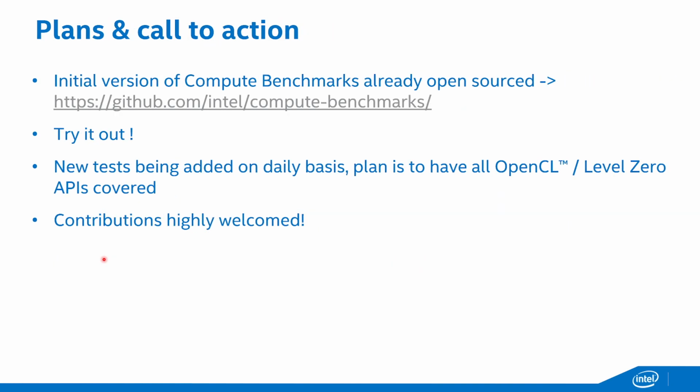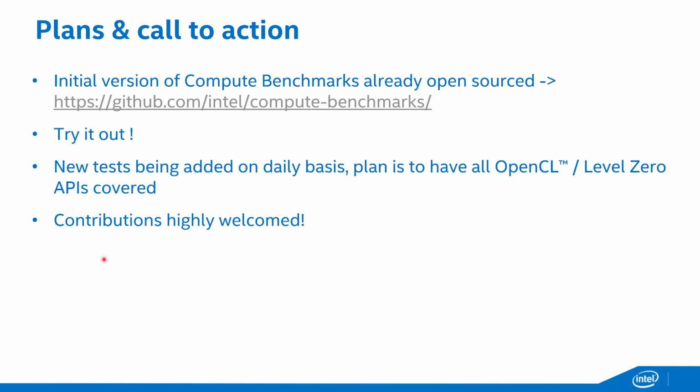Okay, so our plan: we use this tool on a daily basis. It greatly improves our efficiency. We do not plan to move out of it, so we are adding tests on a daily basis. Go to our GitHub, try it out, build it, try to run it on your architecture, see what the scores are. We also highly encourage you to contribute to the project, for example add new backends.